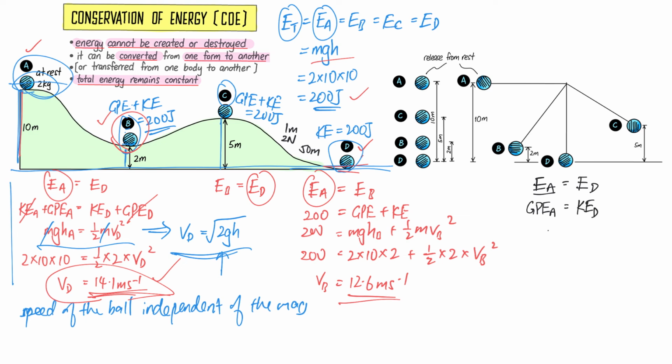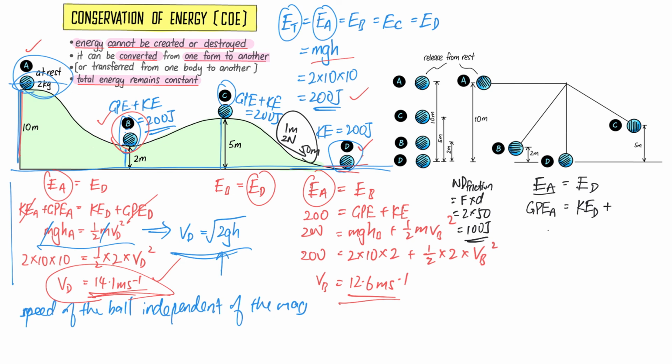But because there is friction, and for every meter there's an average frictional force of 2 newtons, the work done against friction will be the force times distance, which is 2 times the total length of the track, 50. That will be 100 joules. In other words, this 100 joules will be wasted in the form of heat and sound.